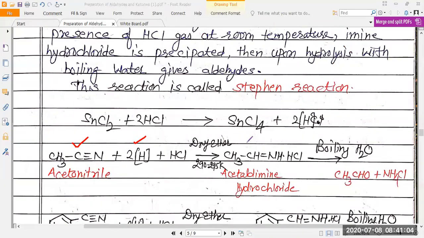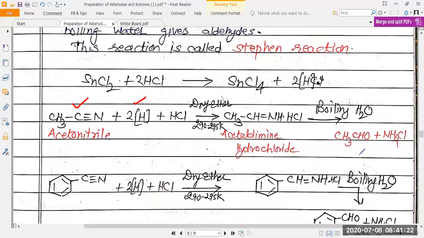Then an intermediate is formed, acetaldimine hydrochloride, or imine. And when we boil this compound, we get aldehyde. So this is a name reaction and a very important reaction also.